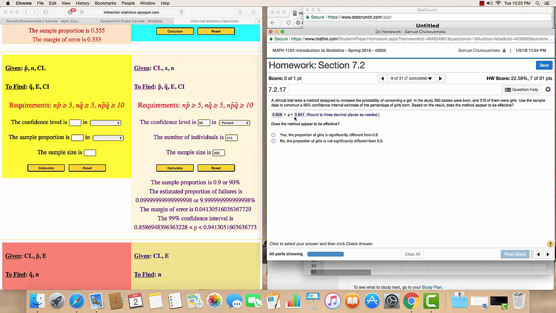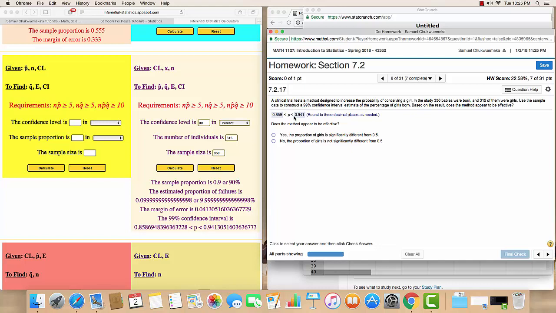So this tells you that the actual value of the population proportion using this method is between 85.9% and 94.1%, the percentage of girls born, the probability of conceiving a girl.